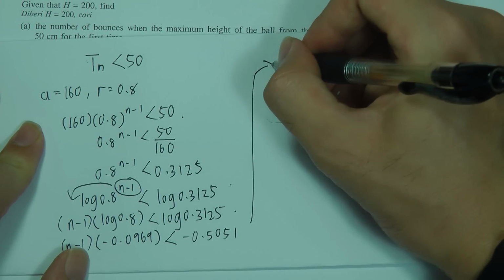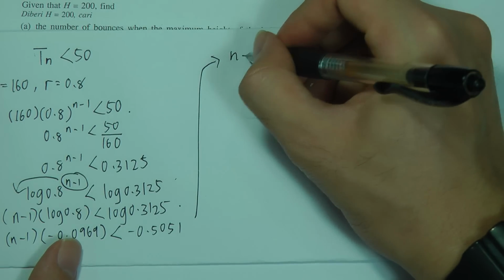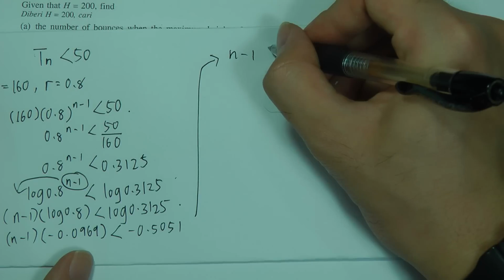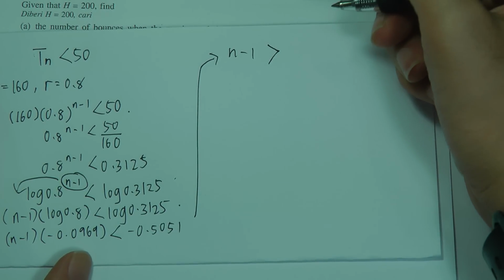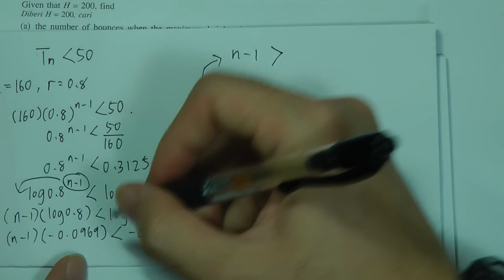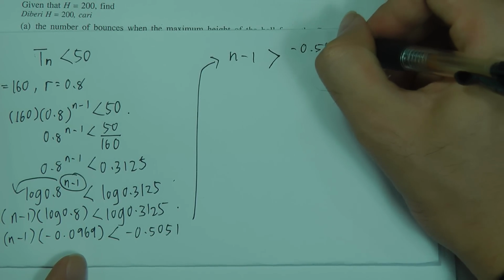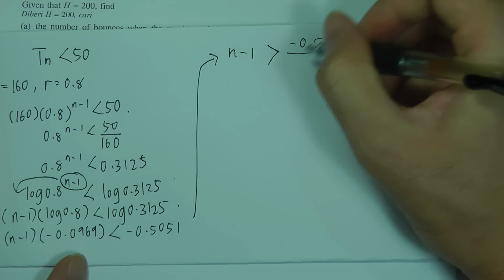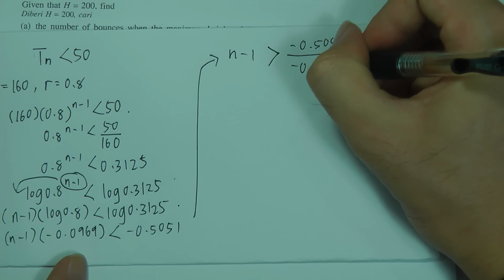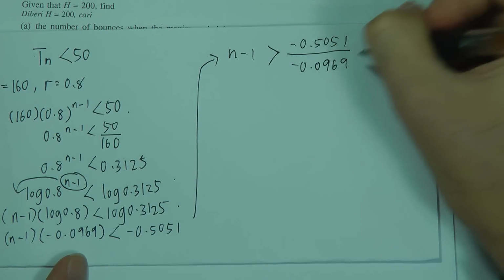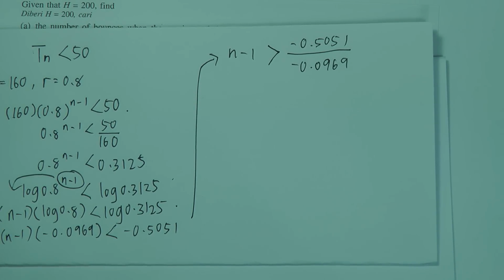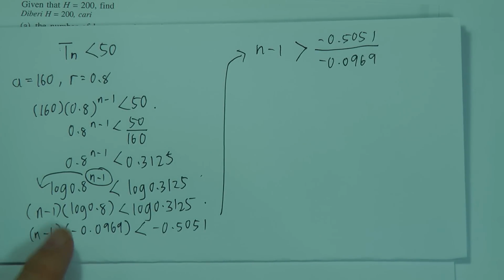So I continue over here. So I will get n minus 1. Now I change the symbol. Do you see I change the symbol? Because just now it's smaller, now it becomes bigger than negative 0.5051 divided by negative 0.0969. This one must be careful, because a lot of students will make this common mistake.